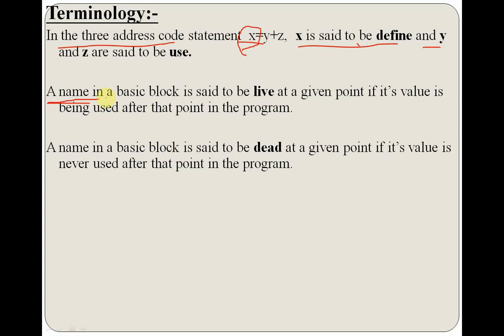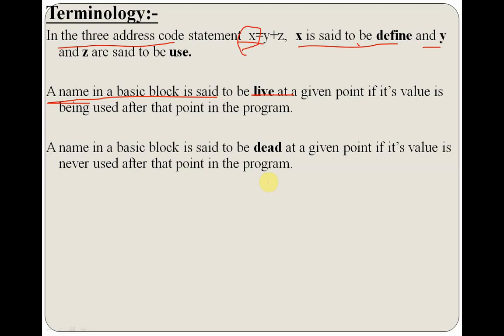A name in a basic block is said to be live at a given point if its value is being used after that point in the program.